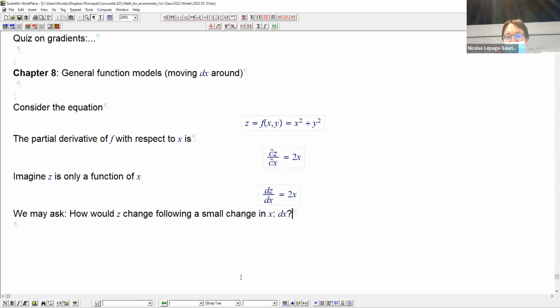So this is not saying if I change x by a small amount, then per amount, how is z going to change. Here it is just saying if I change x, then what will have been the change in z? So how do I do that? So let's just multiply both sides.